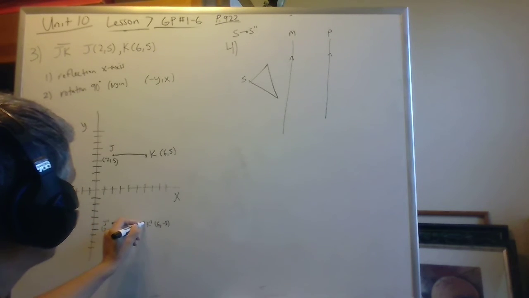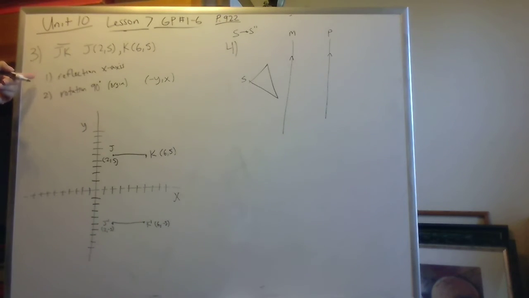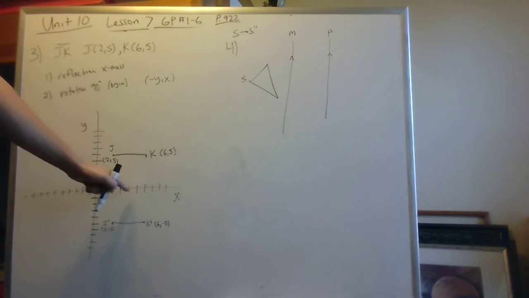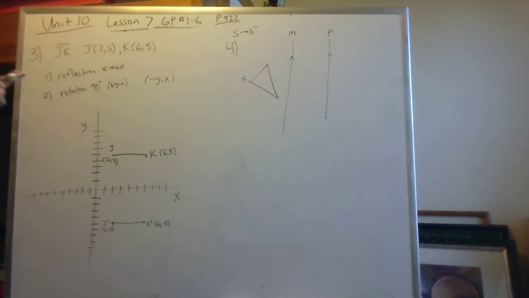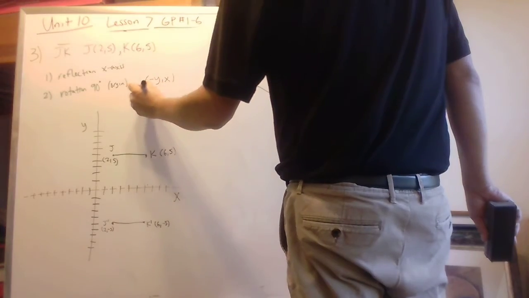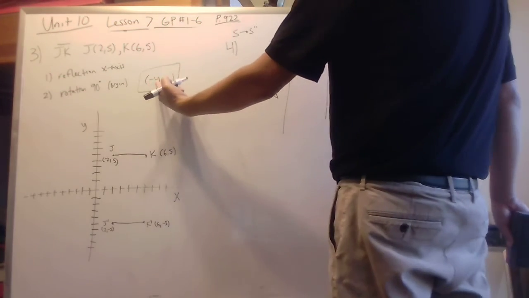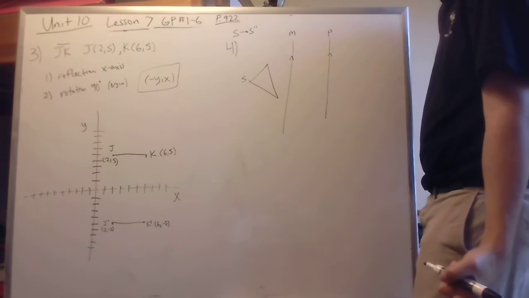So after our first transformation, which was a reflection across the x-axis, we have this new location. We just reflected it across this line of reflection, which is the x-axis. Now it wants a rotation of 90 degrees about the origin. So if you recall from the last lesson, a 90-degree rotation is going to have negative y, x as the coordinate.